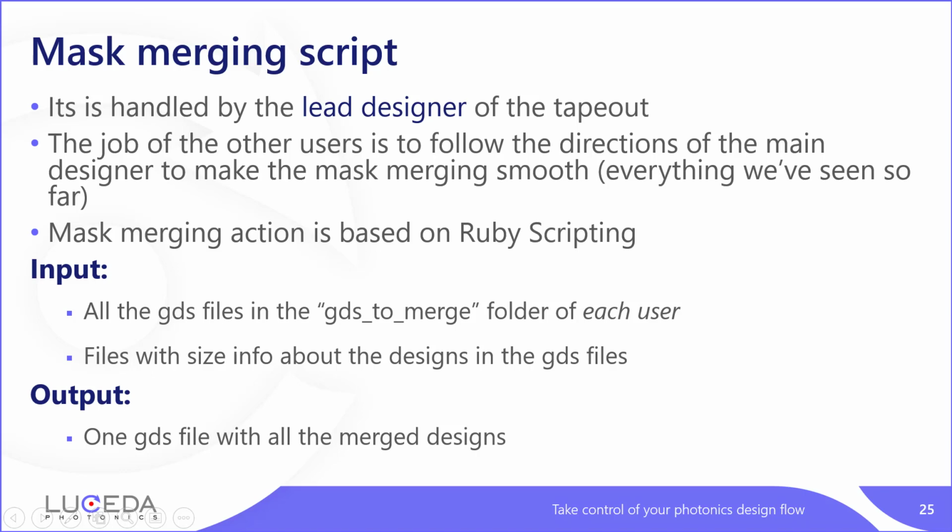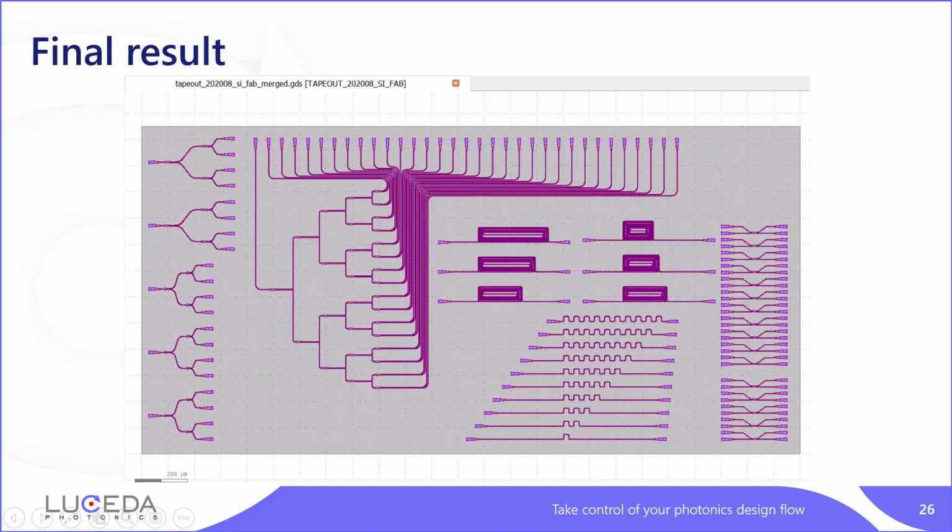And the output of this mask merging script is the single GDS file with all the merged designs. For example, here in our training material, the final merged mask will look like this, which is a hierarchical cell with all the separate DOEs collected from all the designers within the team.